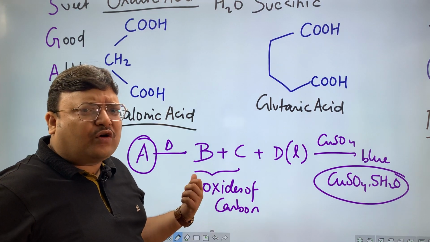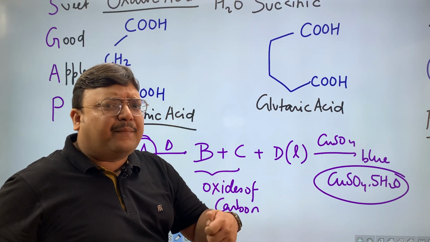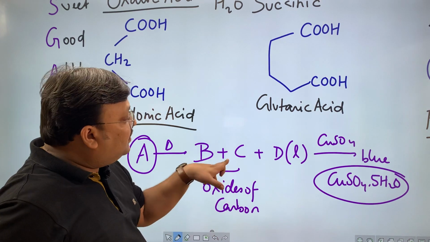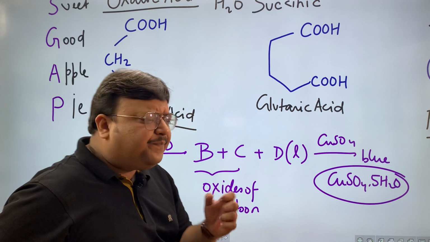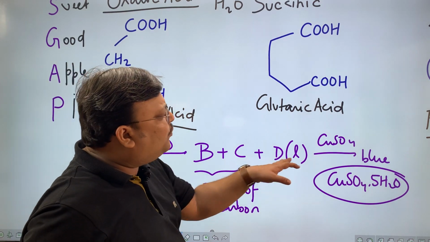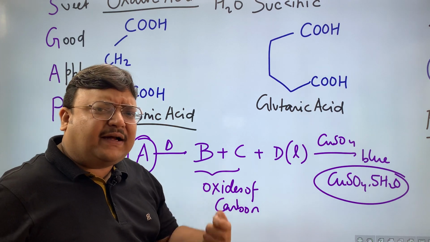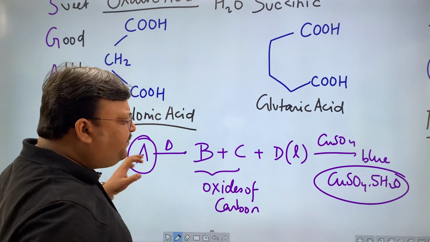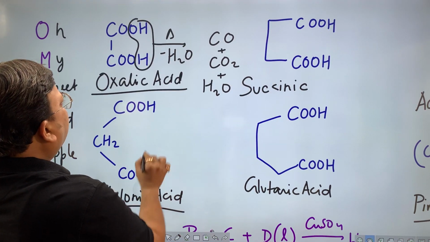This could be carbon monoxide burning with a blue flame. Carbon monoxide, with hemoglobin forms carboxyhemoglobin. Too much of carbon monoxide could be fatal. The other could be another oxide of carbon, carbon dioxide, which turns lime water milky. So 2 oxides of carbon along with water liquid, this would indicate A is an oxalic acid, or a salt of oxalic acid, which is an oxalate. So this is how we begin. Oxalic acid, it's simple. Remove water.